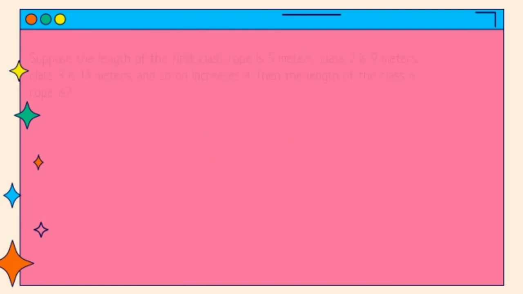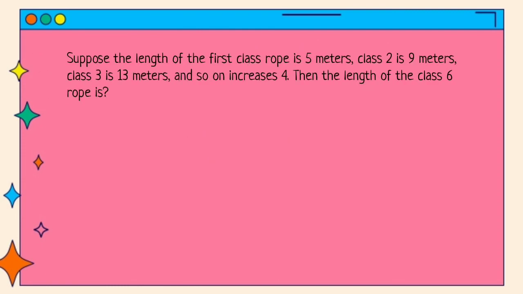Based on the problem, suppose the length of the first class rope is 5 meters, class 2 is 9 meters, class 3 is 13 meters, and so on. Then the length of the class 6 rope is... We got the arithmetic sequence 5, 9, 13, and so on. From the problem, the first term is 5 and the common difference is 4.